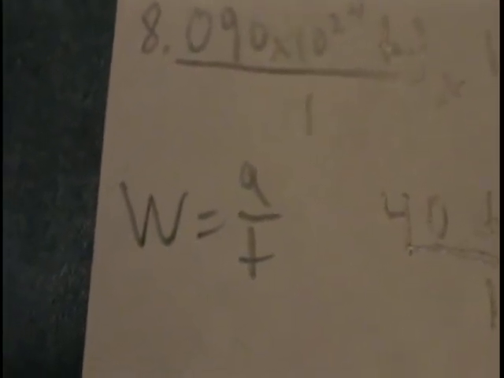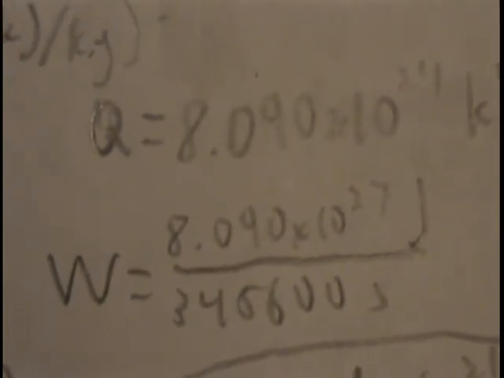And then I have the formula for work. And then 40 days, because he was on there for 40 days. So again, I converted that into seconds. Work is the amount of joules per second, so I got an overall of 2.341 times 10 to the 21st watts.